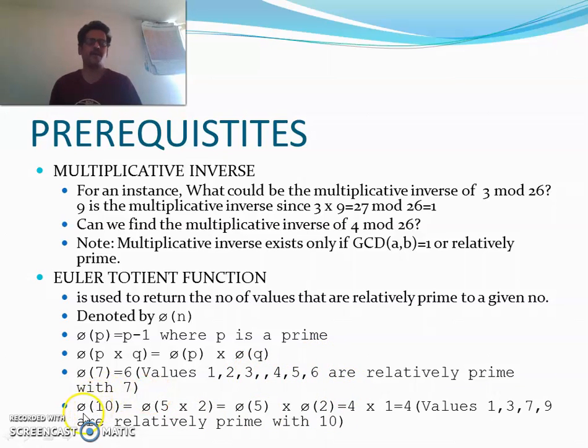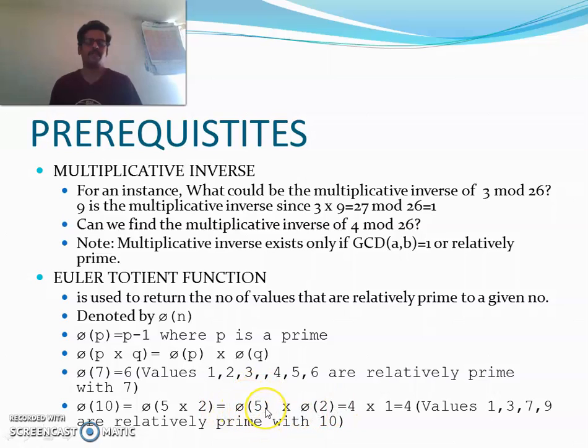We will take the other form, phi of 10. Now 10 is not a prime number, it is a composite number. So we can express this number as a product of two primes, phi of 5 into 2. Now we can take the help of the second form, that is phi of p into q is equal to phi of p into phi of q. Here phi of 5 into 2 can be written as phi of 5 into phi of 2.